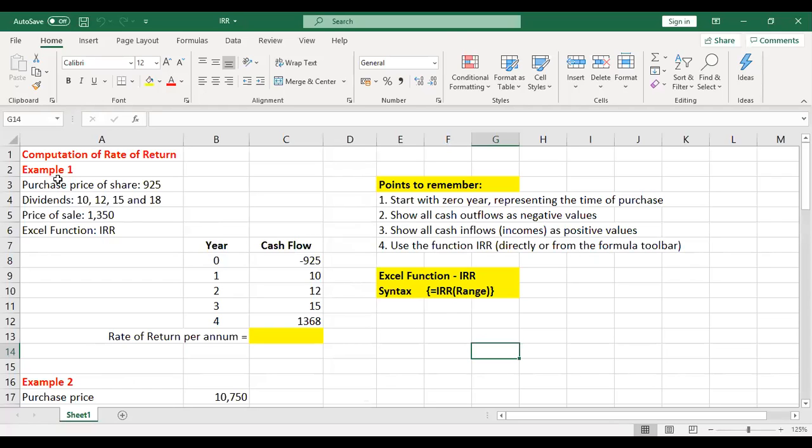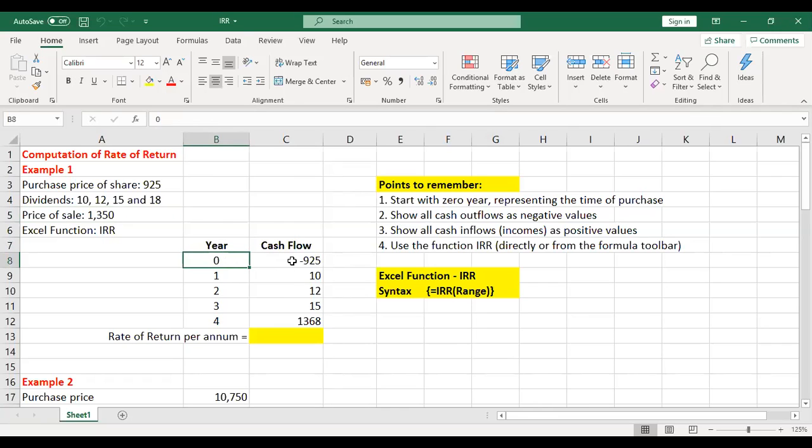Let us take the example of the share that we have spoken about. In case of the share, we said the purchase price was rupees 925. We got dividends of 10, 12, 15 and 18 and sold the share at 1350 at the end of the fourth year. So I'm just putting the cash flows here. Here, 0 means today.